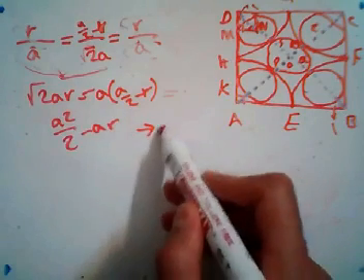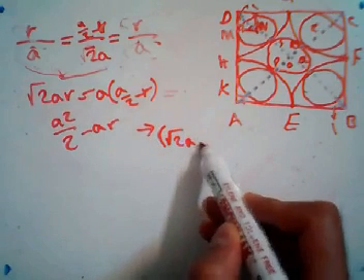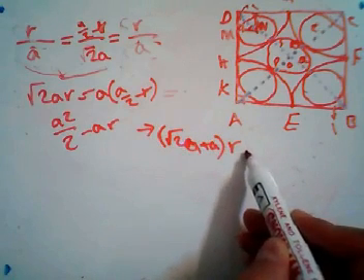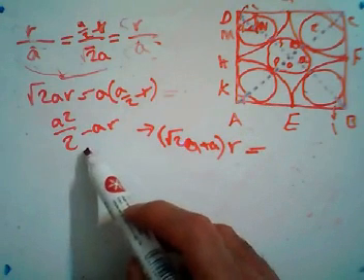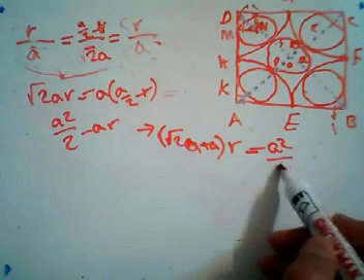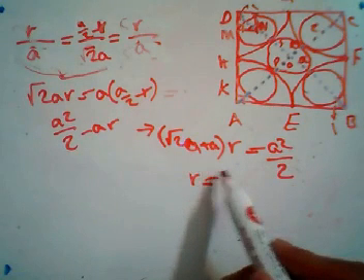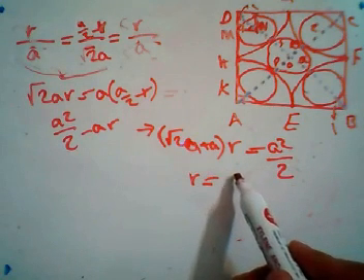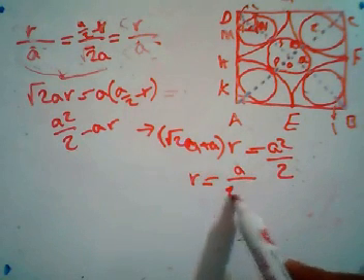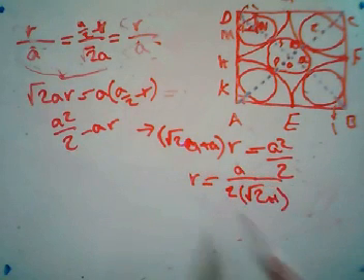So the left side would be this and the right side would be this, A squared over 2. So from here R would be this.